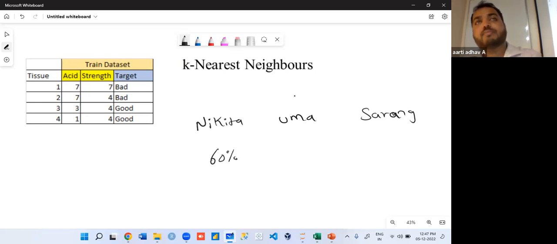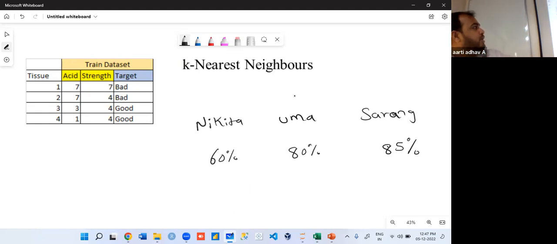Madam, approximate any number? Sharon? Okay. Now, according to you guys, which two students look similar to you? Why not Nikita and Uma?